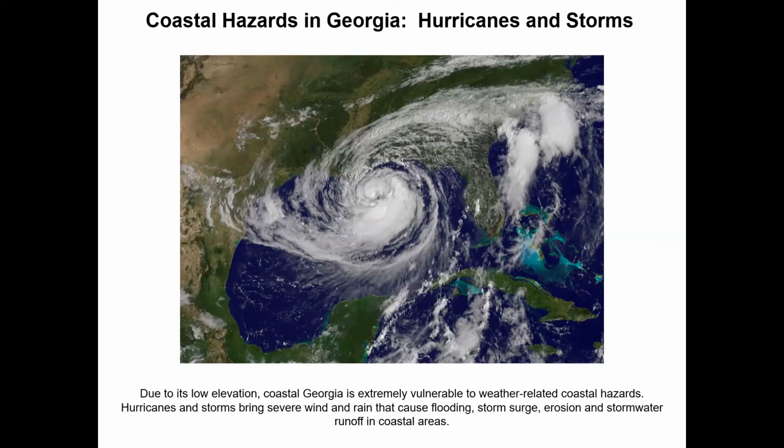With these hurricanes and storms, as maybe many of you have experienced, we can get severe wind and tremendous rainfalls that ultimately cause flooding and storm surge, erosion, and increase of torrential stormwater runoff along our coastal areas.